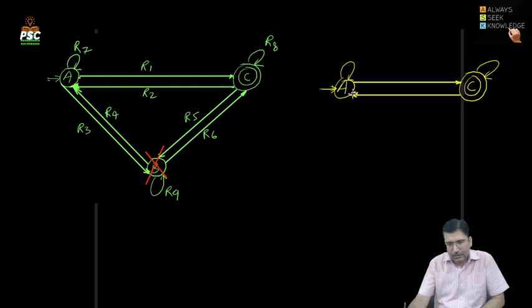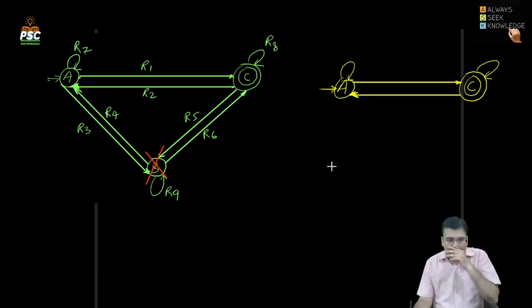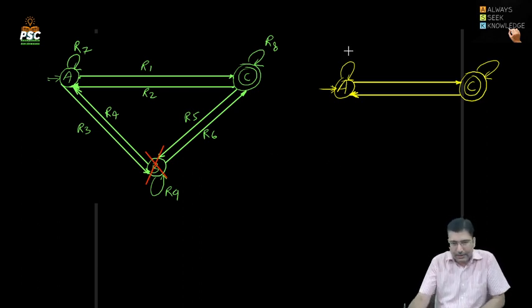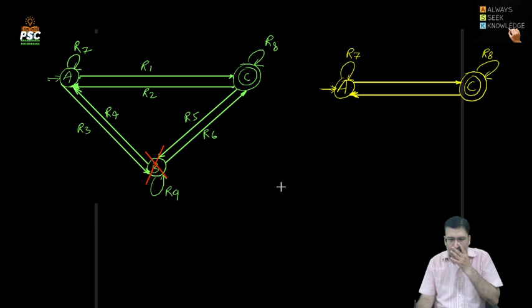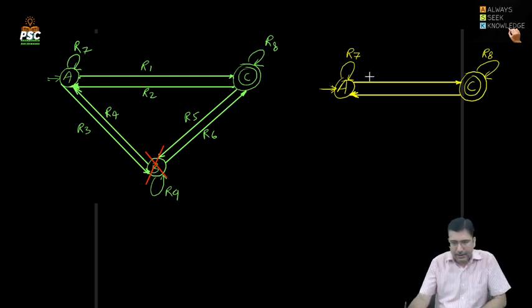But the regular expression on this path will be modified. So let's look at the regular expression. R7 was there, so R7 will still be there. There was R8, so R8 will still be there. There will not be any problem. R1 was possible, so R1 is still there, and R2 is still there, no problem.